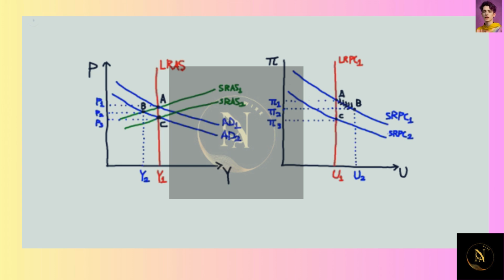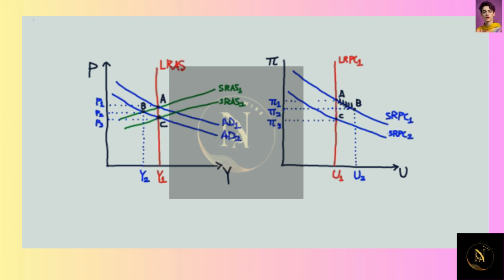The movement of the aggregate demand curve along the short-run aggregate supply curve leads to a movement along the short-run Phillips curve, SRPC1. And since we're dealing with a recession, the economy goes from point A to point B, moving along the short-run Phillips curve. It doesn't shift at this point because this is an aggregate demand shock.